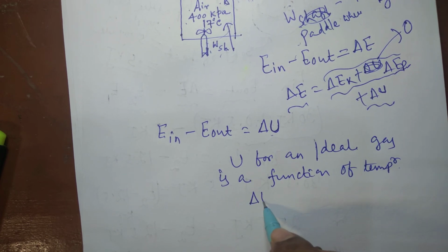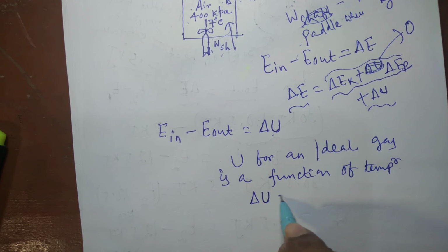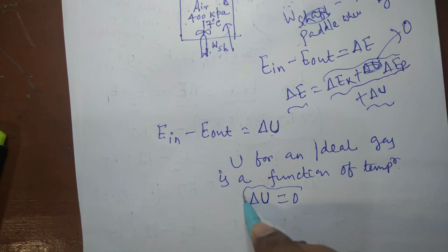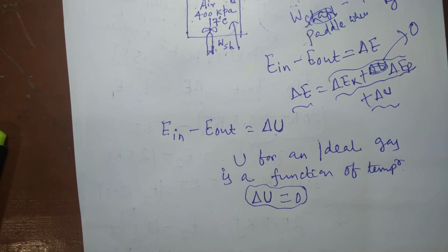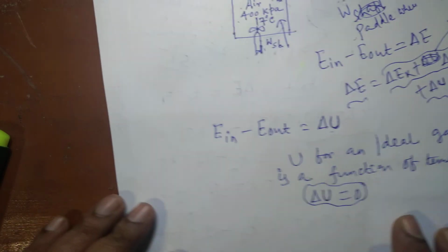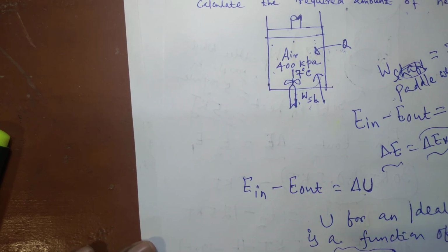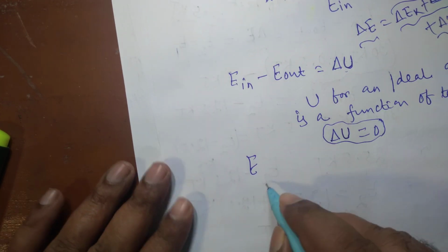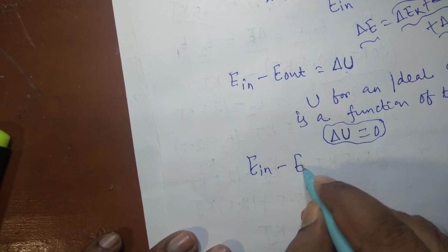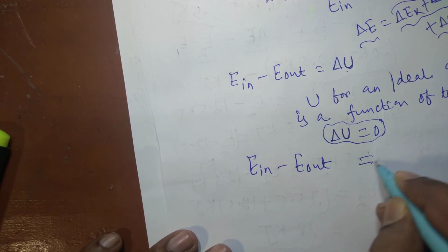When U is constant, delta U becomes 0. So the energy balance equation now reduces to E in minus E out is equal to 0.